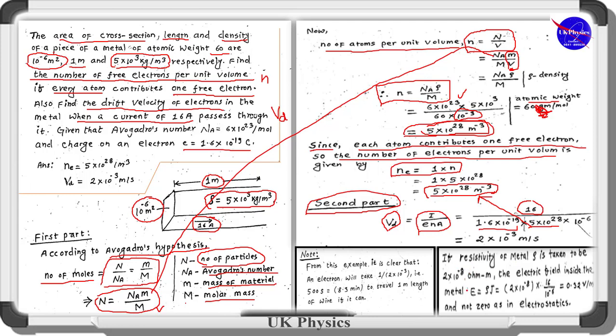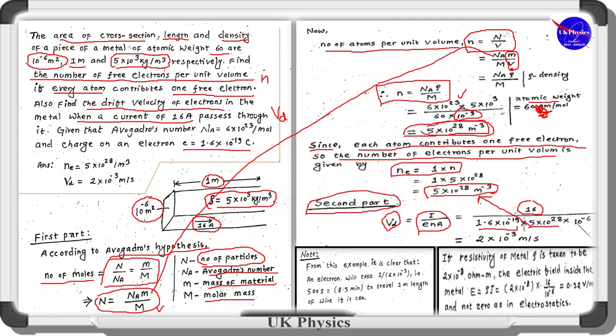If there is no resistivity, that means if rho is almost zero, then obviously the electric field inside the material would also be zero, but in this case it is not. So we have a significant value of electric field inside the material, which is 0.32 volt per meter. This is obviously not zero.